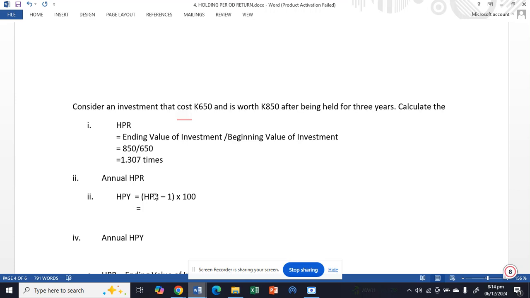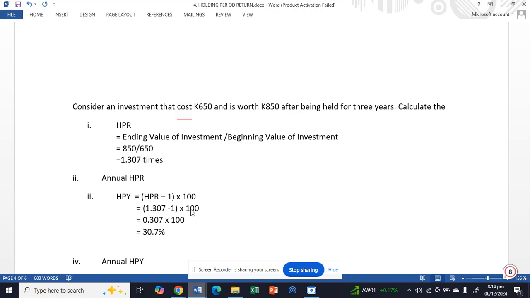So 1.307 minus 1 gives us 0.307. Multiply that by 100, we get 30.7%.